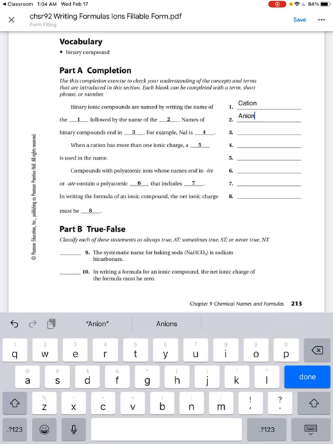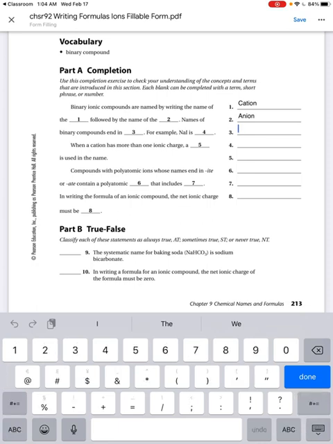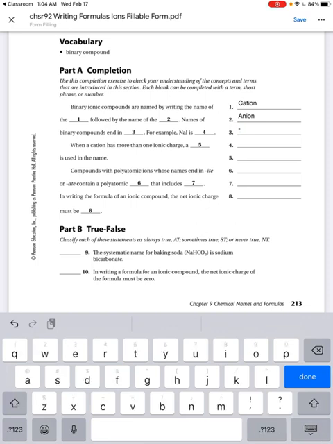For example, NaI. Names of binary compounds end in ide. And for example, NaI is sodium iodide.